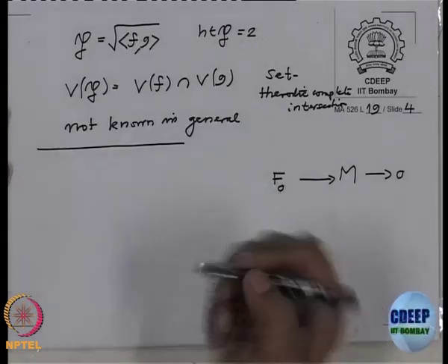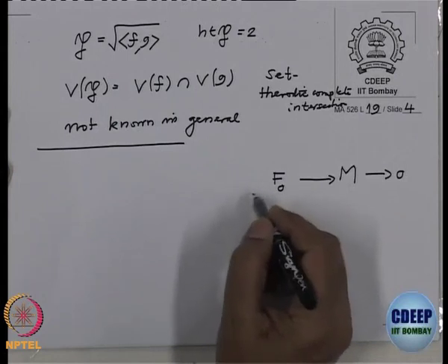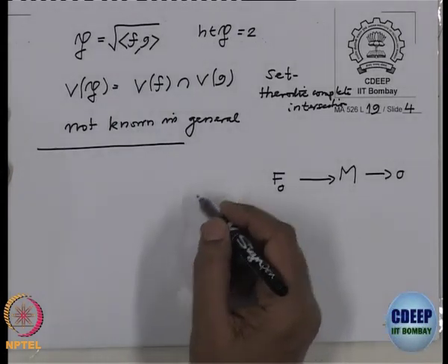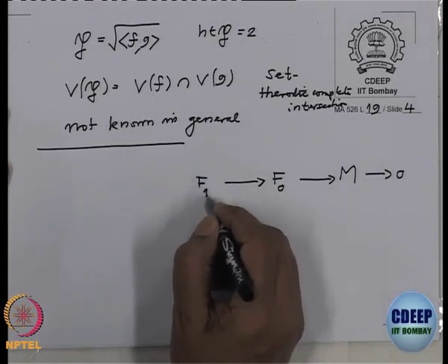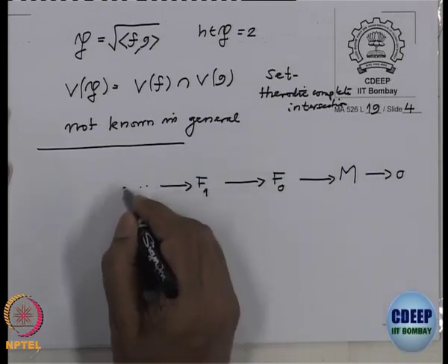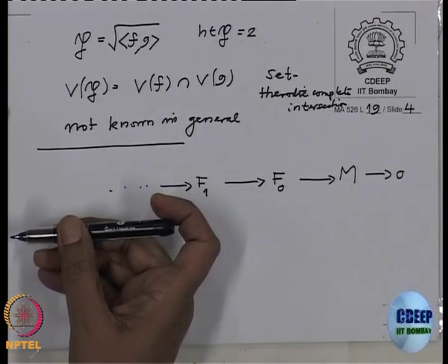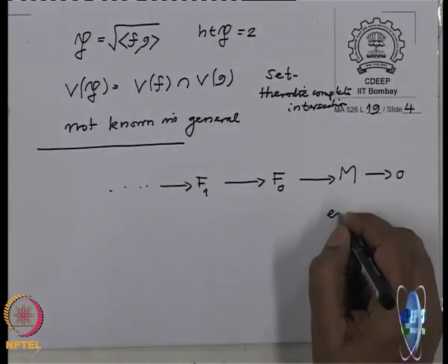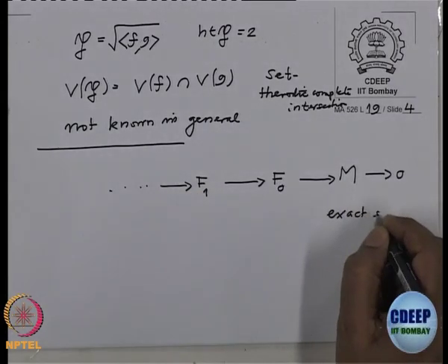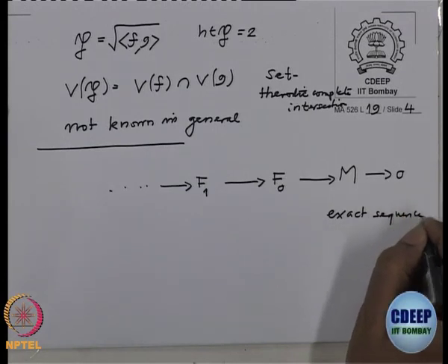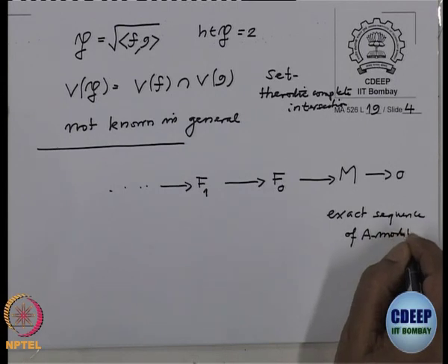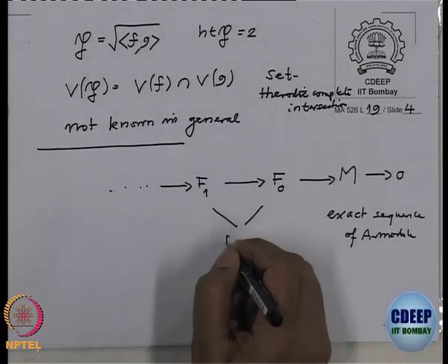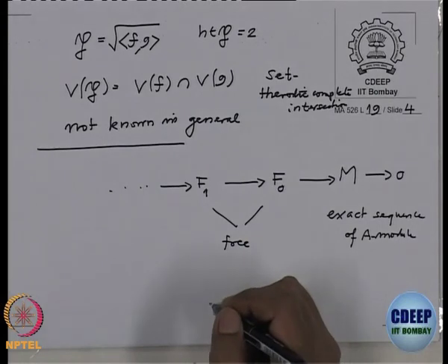Now, you can repeat this process. That means you look at the kernel and write the kernel as a quotient of a free module, and that way you can cook up an exact sequence of A-modules, and all these modules are free. In particular, they are projective modules.